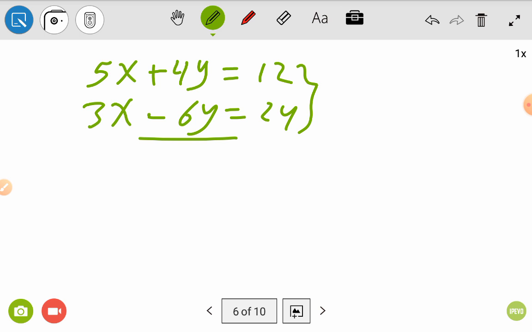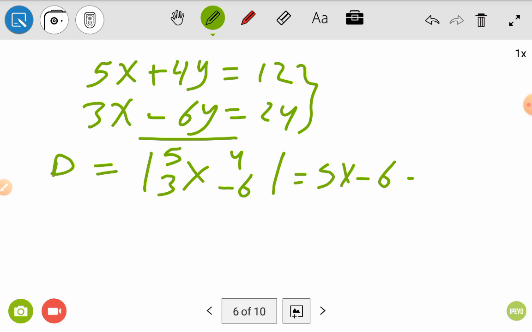As I have explained, you can get D, the coefficients of x, 5, 3, and 4 and negative 6. Cross multiplication: 5 times negative 6 minus 4 times 3, here negative 30, here negative 12, negative 42.